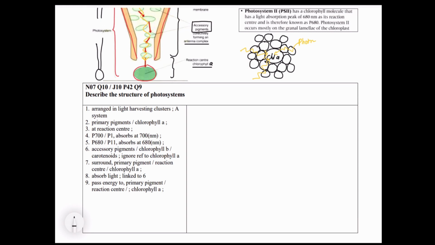Now we are going to relate the learning outcome to an essay question, where the question requires students to describe the structure of a photosystem. So, photosystem, what is it actually?